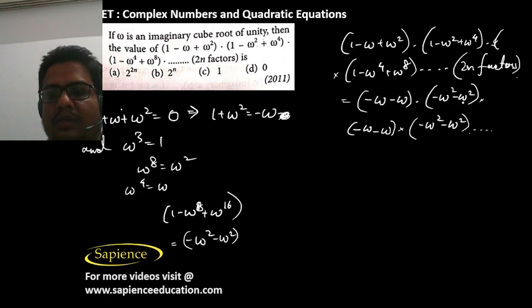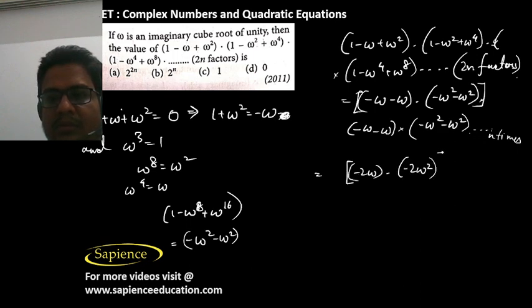So 2n factors. So this product will come n times. Therefore that will be minus 2 omega into minus 2 omega square whole power n.